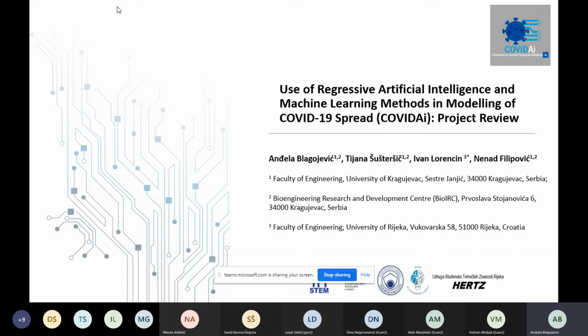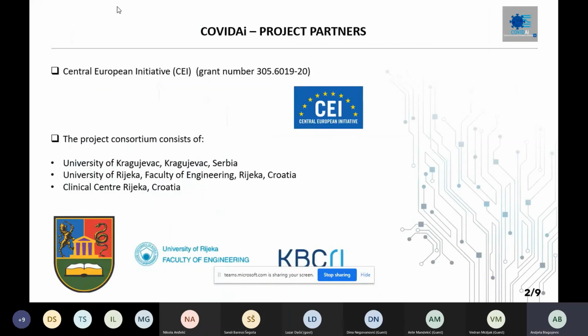I will use COVID AI for the next slide. So actually, this is the project review. So let's start the presentation. First of all, I have to say that this project was financed by the Central European Initiative.